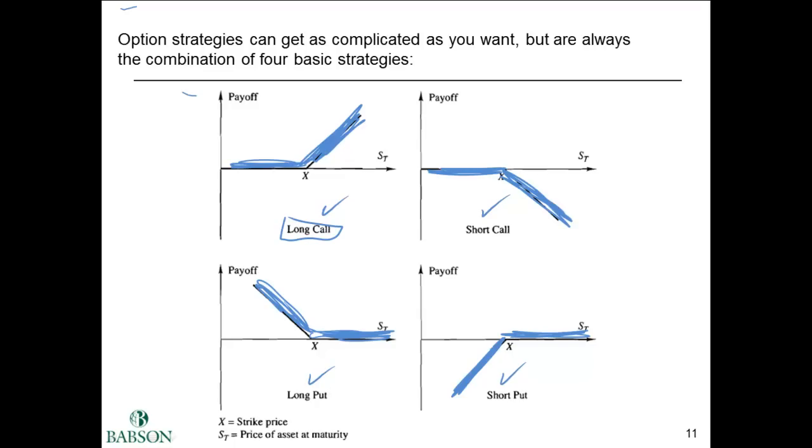We could get a little bit more complicated and talk about strategies that involve multiple options. So what happens, for example, if you long a call, which looks like this, and you short a put option, and you put those together? Well, you'll end up with something that looks like this, the dashed line.